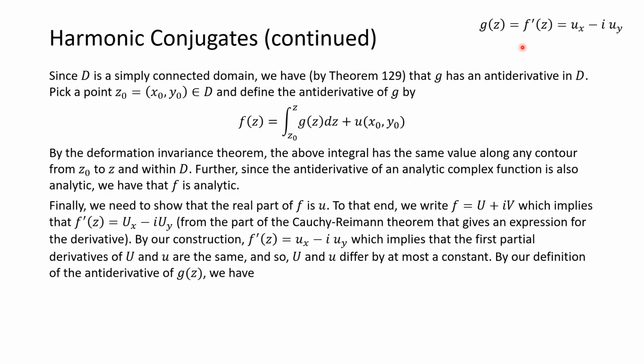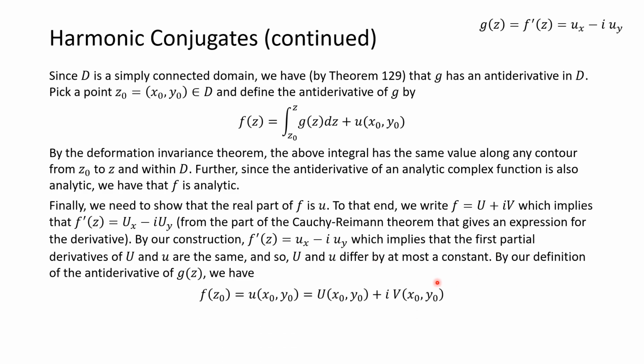And then we equate these two here. And from that we get that the partial of capital U with respect to x must equal the partial of small u with respect to x. And that implies that capital U and small u differ by at most a constant, since their partial derivatives with respect to x are equal.